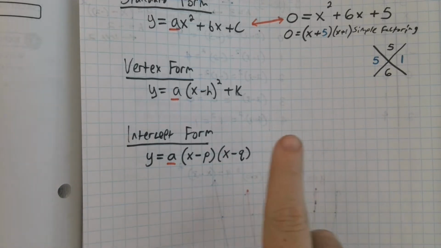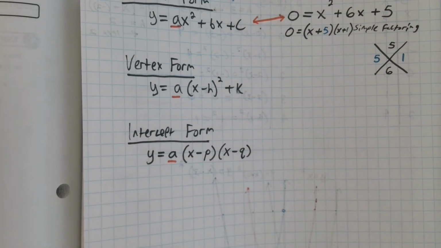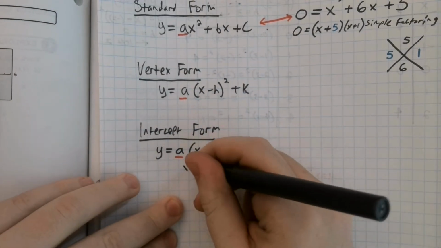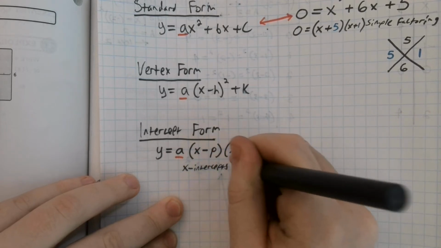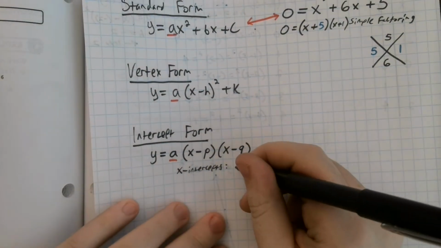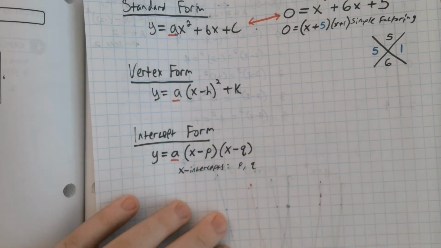We have factored our terms into x minus 1 factor and x minus the other factor. These 2 bits, our p value and q value, are our x-intercepts. In other words, where our graph crosses our horizontal axis. So, in this case, our x-intercepts will be p and q.